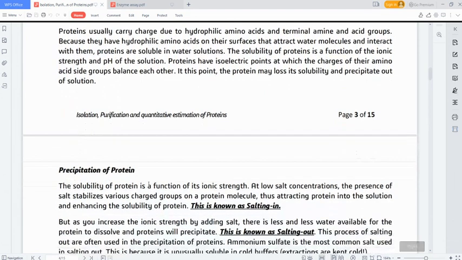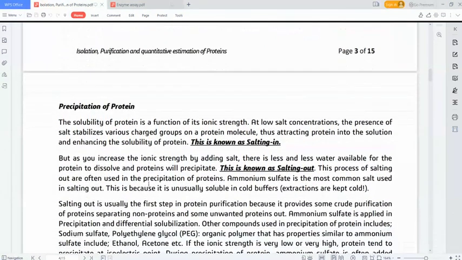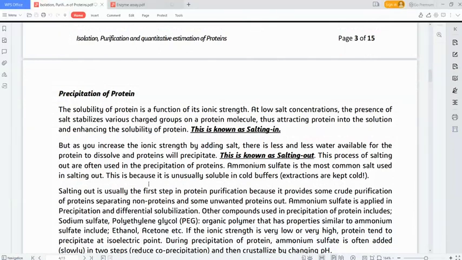But let's look at another thing we consider when we look at the solubility of proteins. If you have a way of making water not available for the protein, it can easily come out of solution. And how do you make water not be available?